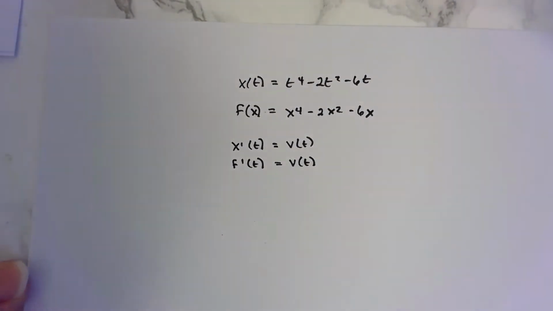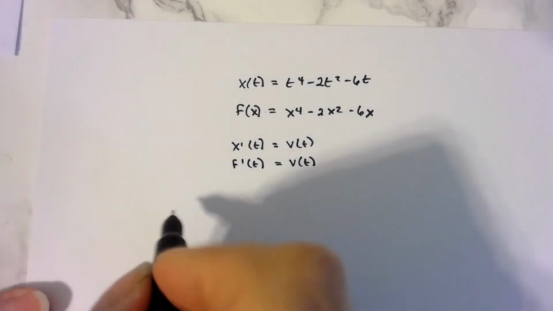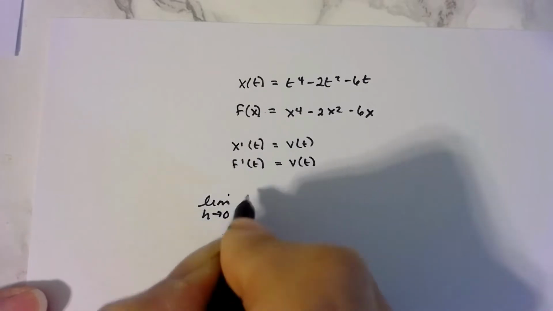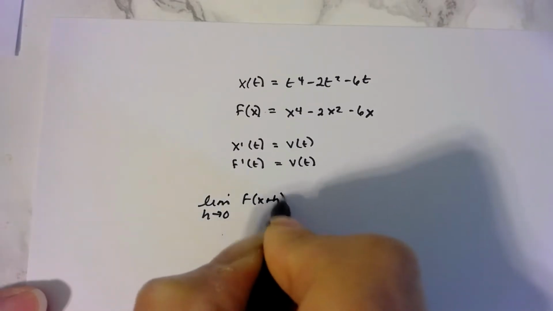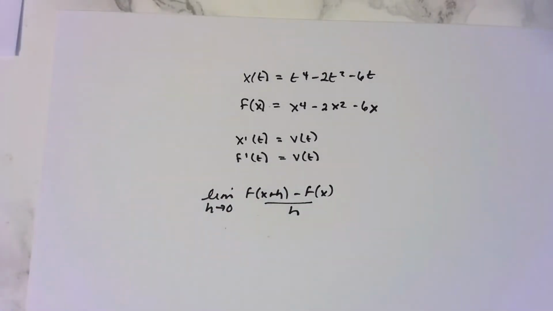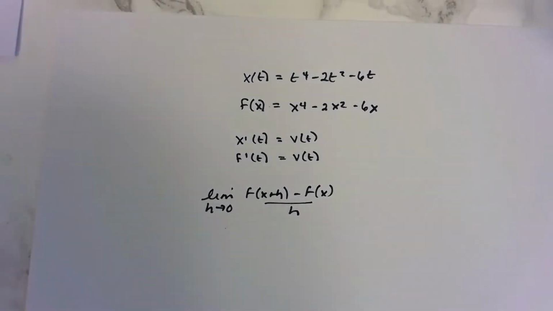But in order to find the derivative function, I have to use that limit definition as h approaches 0 of f of x plus h minus f of x all over h. And because this is a quartic or fourth degree polynomial, if you're not familiar with Pascal's triangle and binomial expansion, then this is going to become a nightmare real quick.